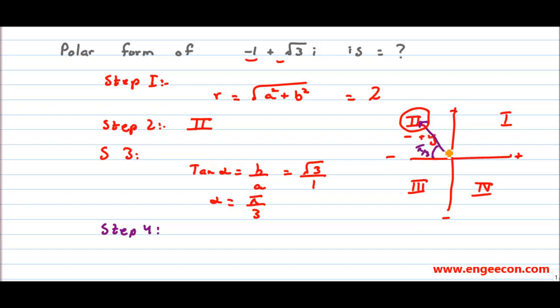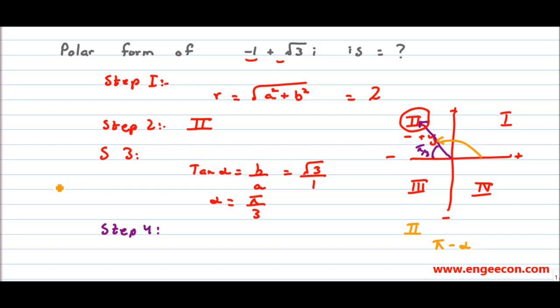If we measure the same angle from the positive x-axis as the standard angle, as we have discussed before, the standard angle, if we are measuring in anti-clockwise direction in the second quadrant, is pi minus alpha.